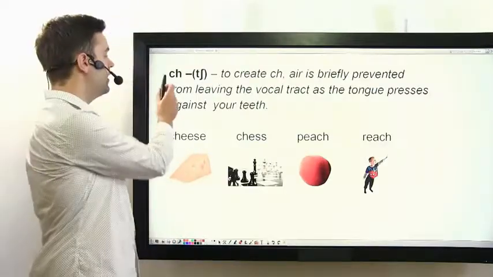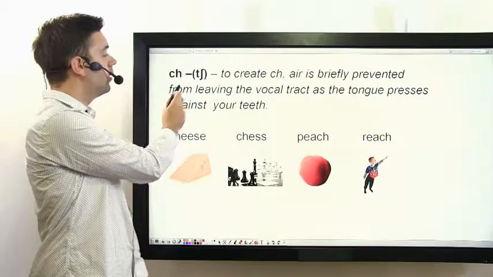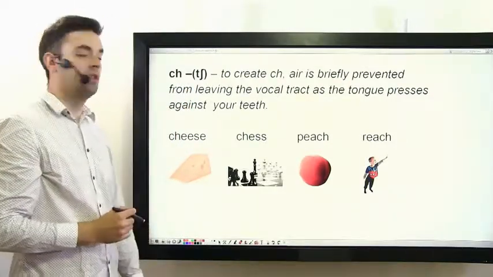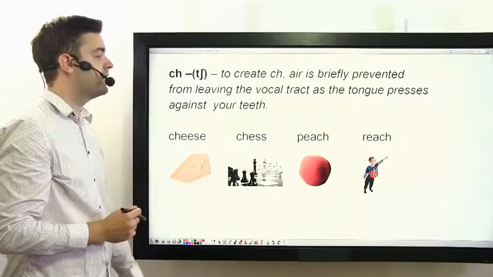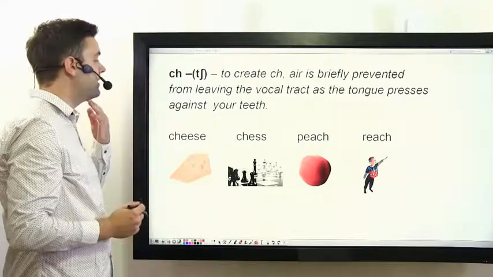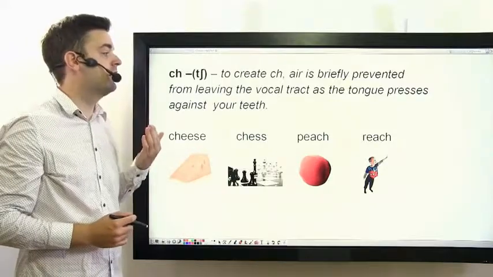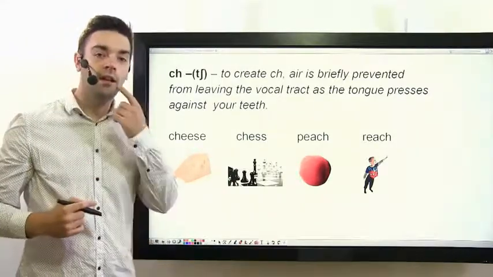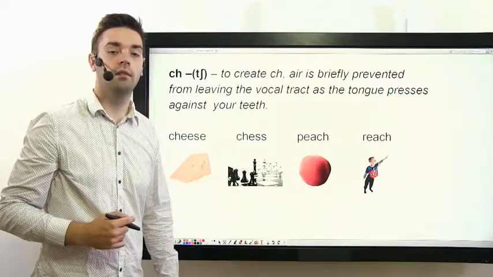When we join C and H, we get a ch noise. So this is when air is briefly prevented from leaving the vocal tract as the tongue presses against your teeth. So look at me. Ch.